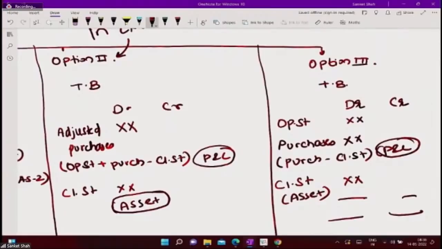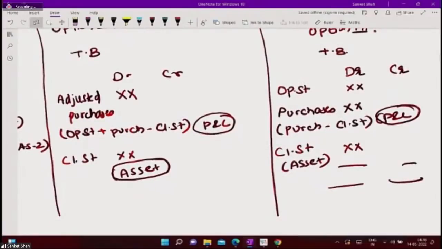It is adjusted in the trial balance only. And option number 3 is very rare, which is at foundation level. Opening stock is also there in the trial balance. Purchases is also there, but this purchases is opening is already there. So it's only purchases minus closing stock where you are going to write it in P&L. In P&L, we take changes and closing stock on the asset side.